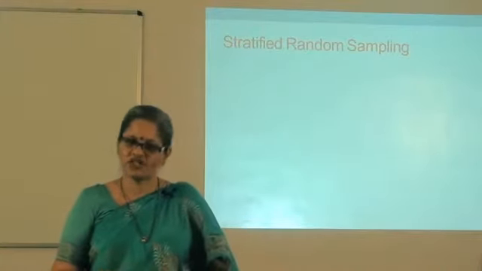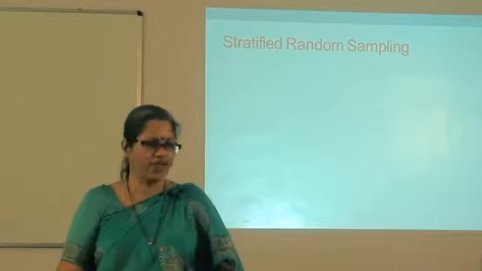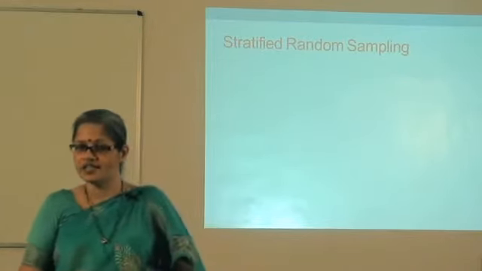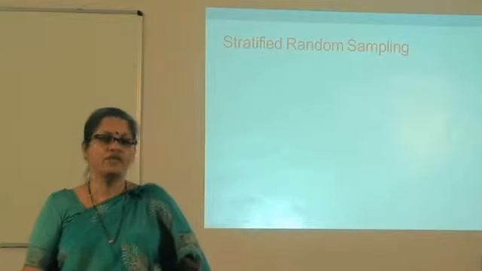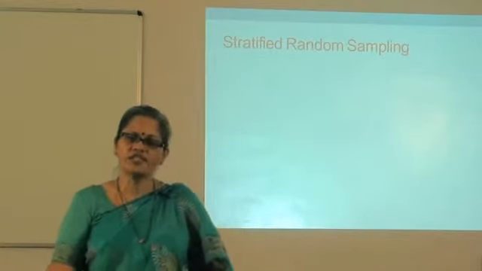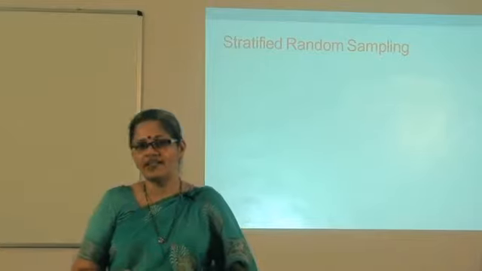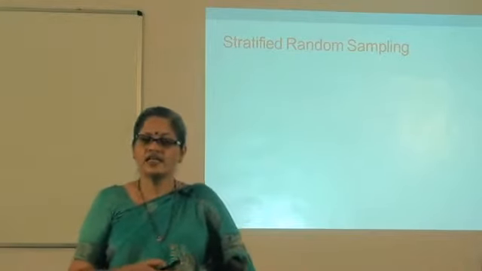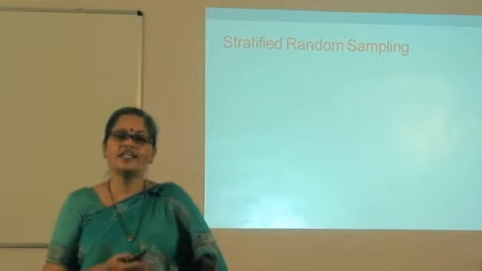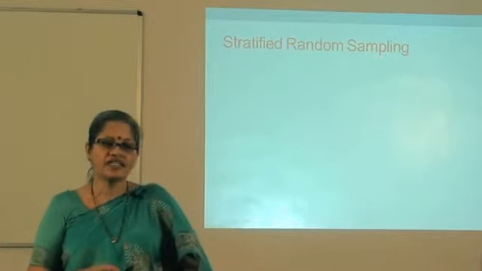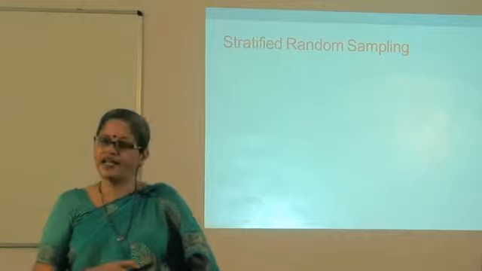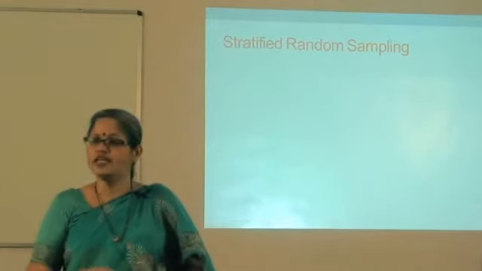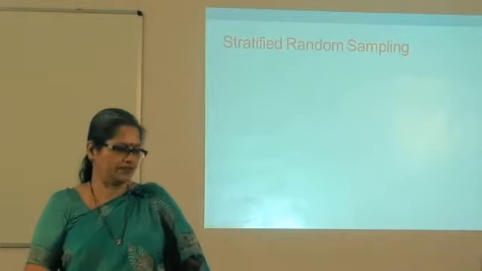It may be based on gender, that is male or female, or socio-economic status, which is also an important thing because on the basis of socio-economic status, many things are determined for the individual. Therefore, understanding the strata and including all these strata in our sample is very important, and therefore we go for still more accuracy when we are following stratified random sampling.